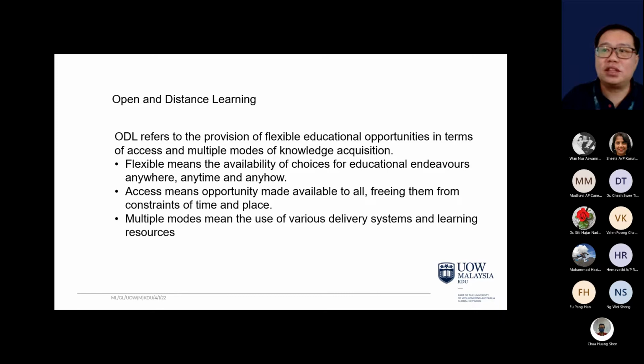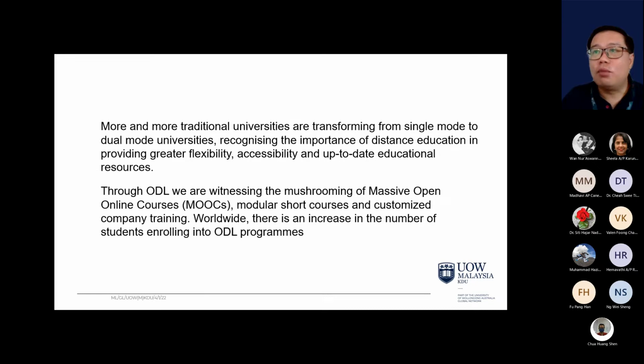Now, multiple modes means the use of various delivery systems and learning resources. ODL doesn't mean online, as I said, so you can use many different ways of delivering. More and more traditional universities are transforming from single mode to dual mode universities. Single mode is like us. We are a conventional learning institution in Malaysia. Malaysia has two types.